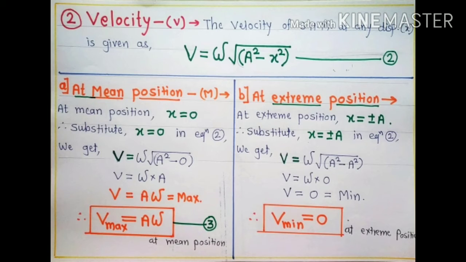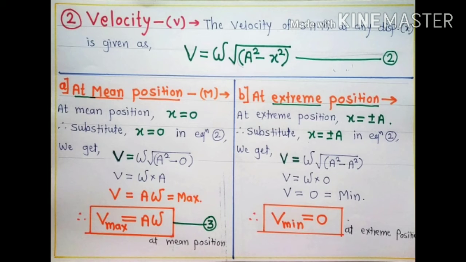This A omega is the maximum value of velocity, and thus v max is equal to A omega, equation number 3. Velocity is maximum at mean position and its value is A into omega.